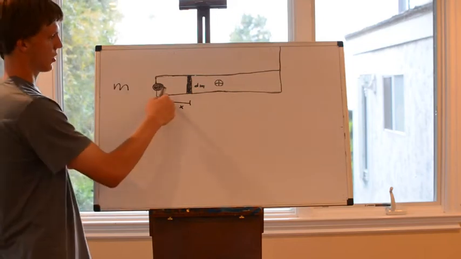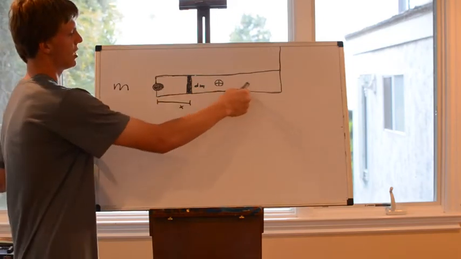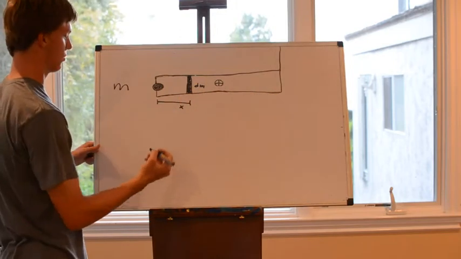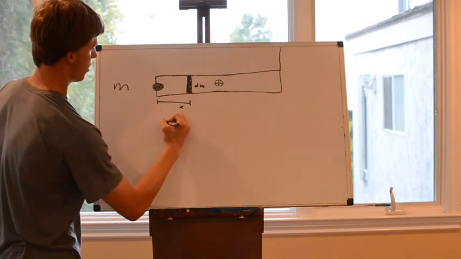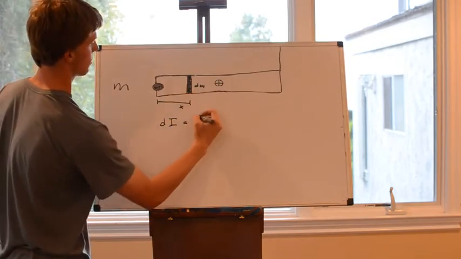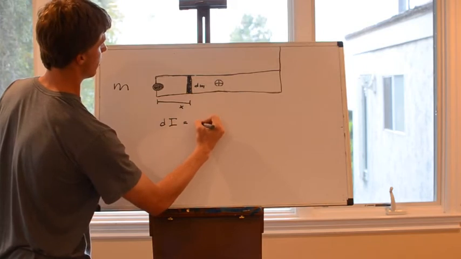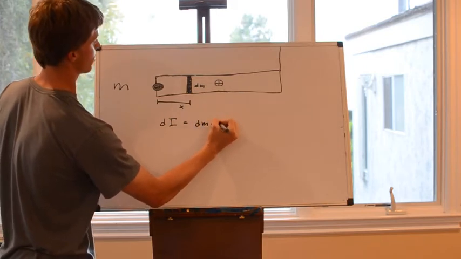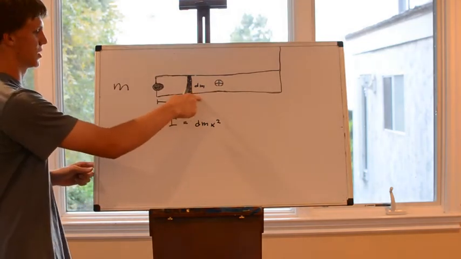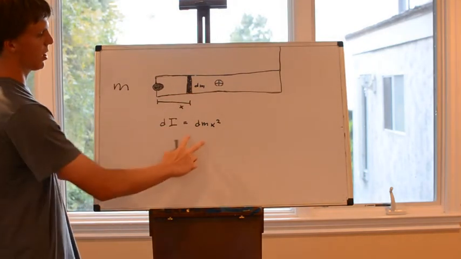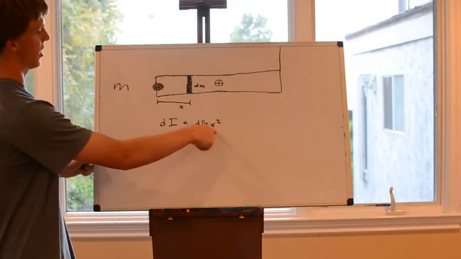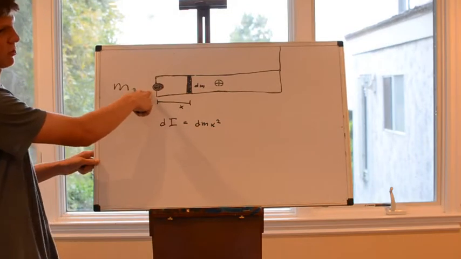So in this case, if we're trying to find the sum of all these tiny masses in this entire uniform rod, we're going to use dI is equal to dm x squared, which is similar to what we have, except we're using an infinitesimally small mass. But there's a problem here. These two values do not correlate, mass and this value x, a distance from the pivot point.